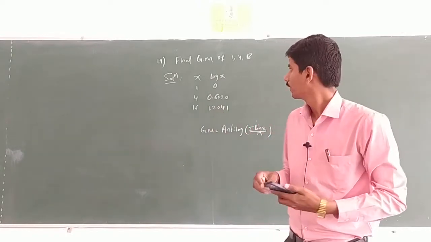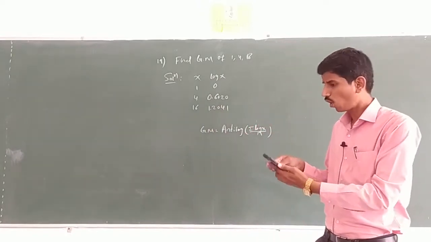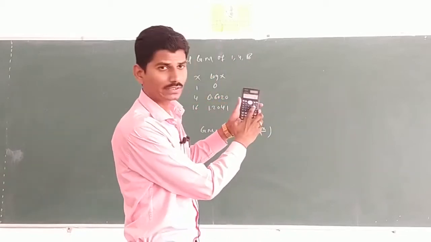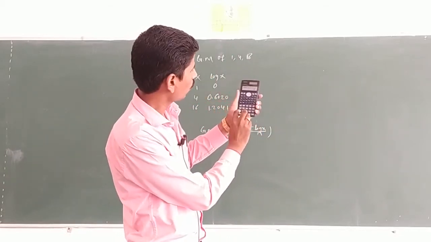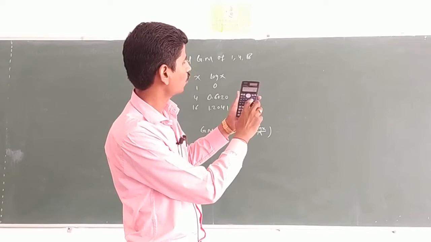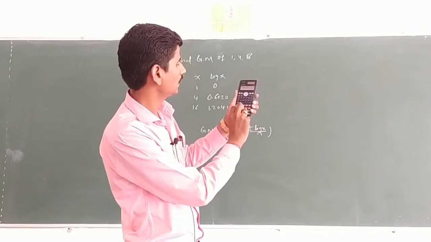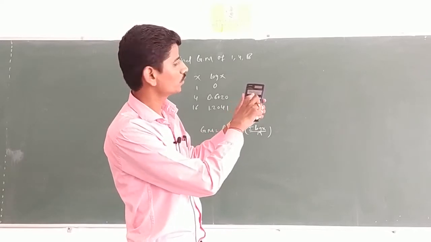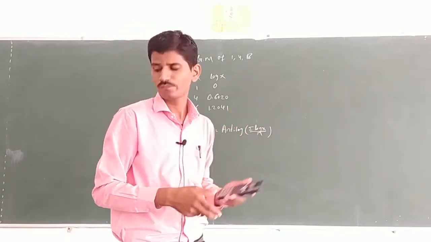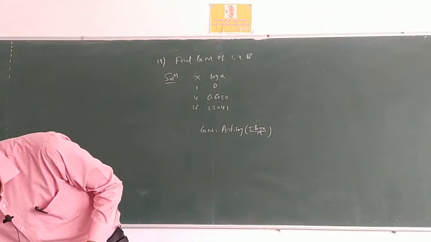Here you have to take logarithms. Log 1 is 0, log 4 is 0.6020, log 16 is 1.2041. Otherwise, you have to use the logarithm table.